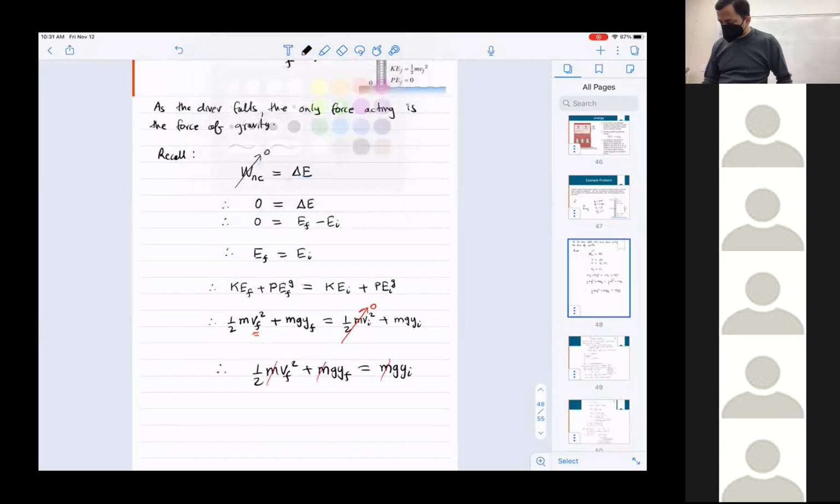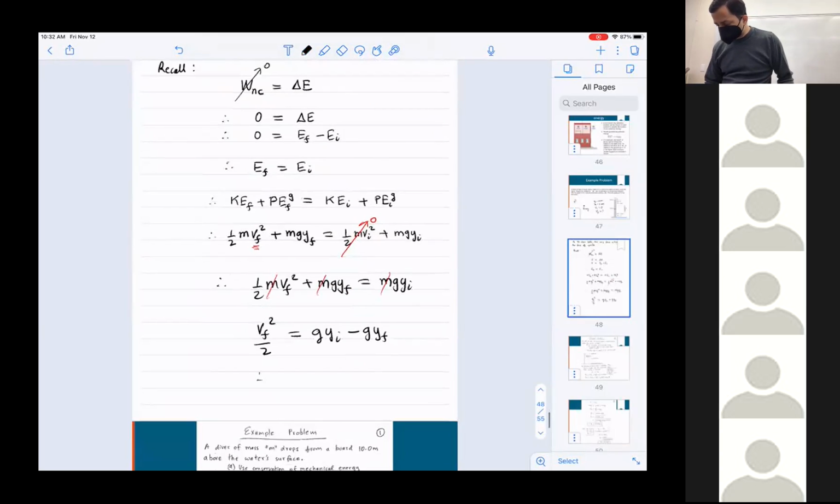And then you end up with vf squared over 2 is equal to g y initial minus g y final, and therefore vf squared is 2g times (y initial minus y final), and therefore vf is the square root of 2g times (y initial minus y final).